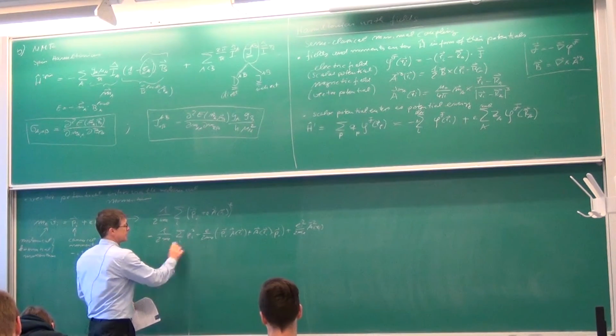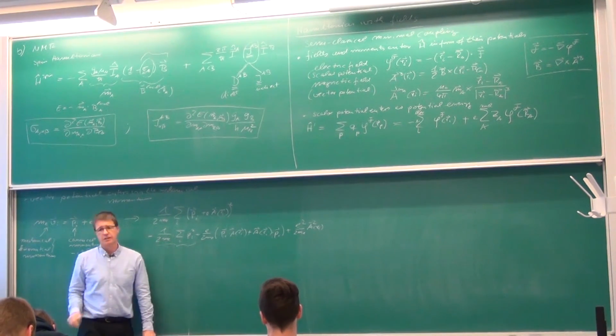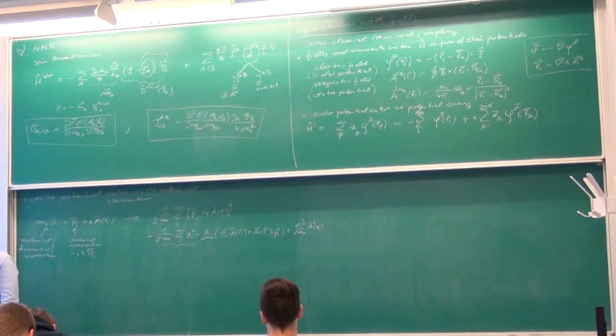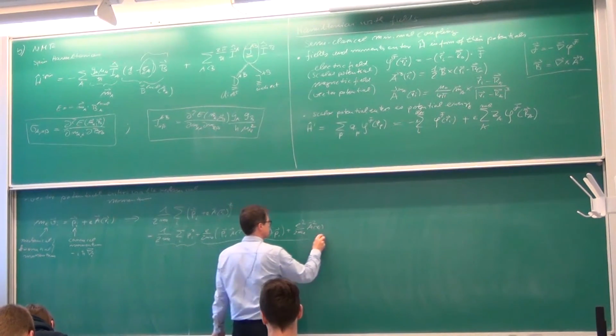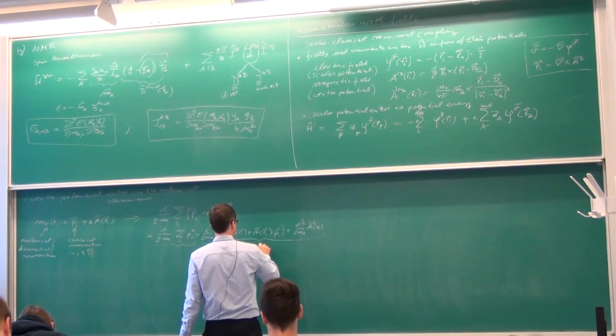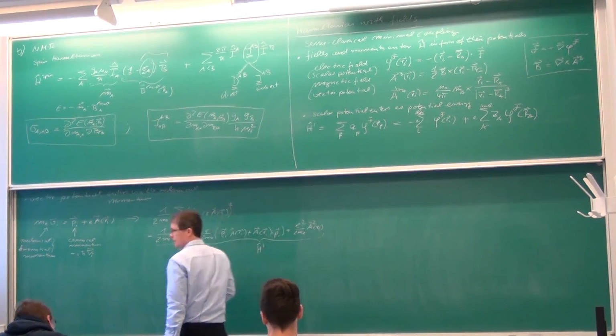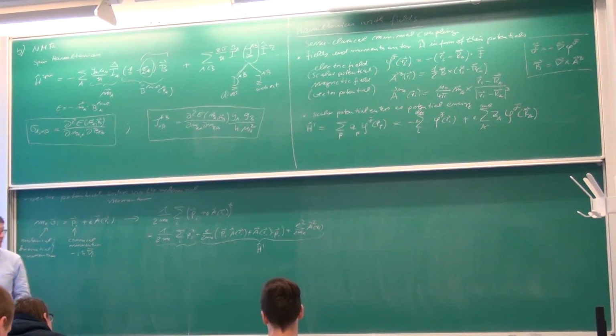Now the first part is just our normal kinetic energy operator, which means that all the other parts are extra terms when we have the field. So those are our perturbation Hamiltonian.